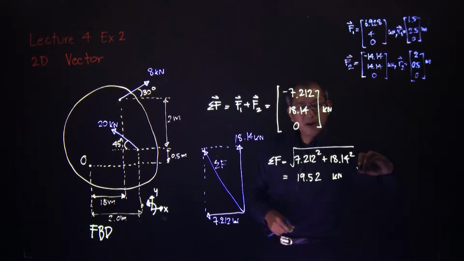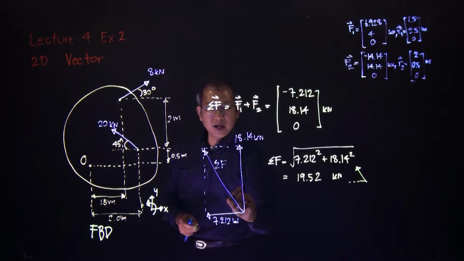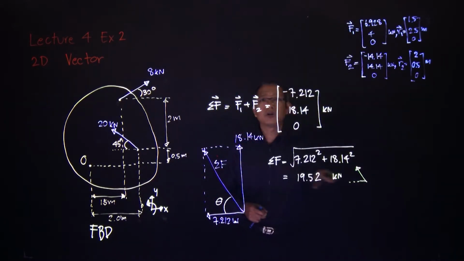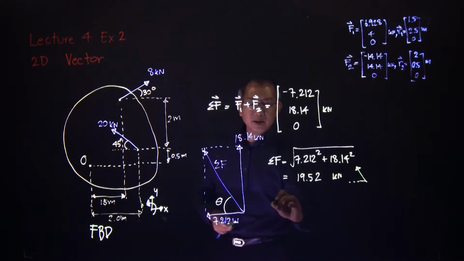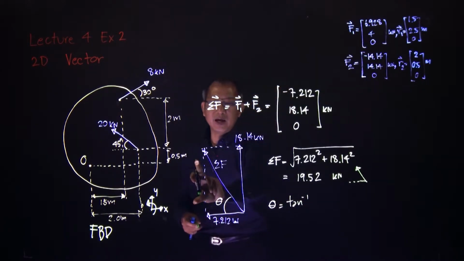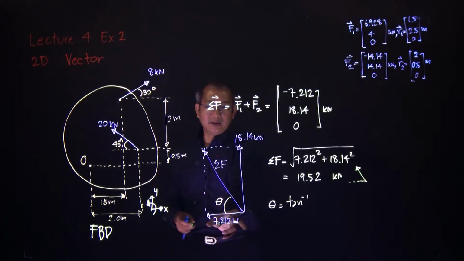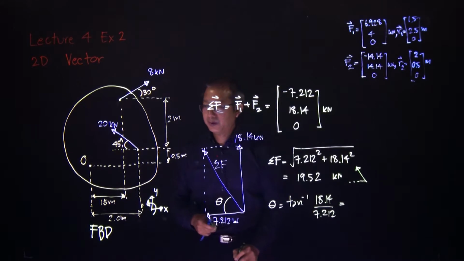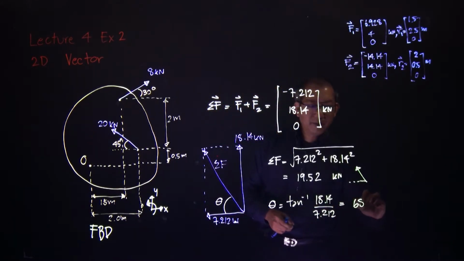Now, again, this is not quite detailed enough, not quite specific enough. So we assign the angle theta to the horizontal axis. That theta can be calculated using the tangent, that side divided by that side, which means it is 18.14 divided by 7.212, which is equal to 68.32 degrees.